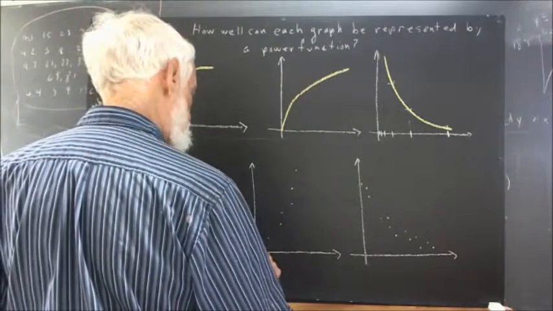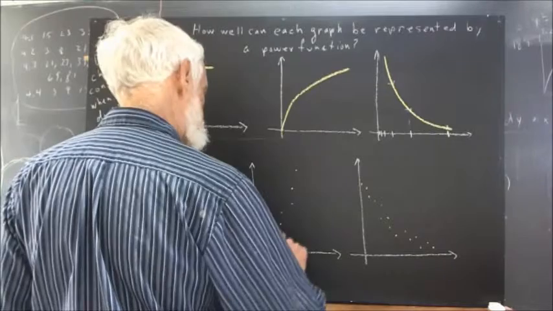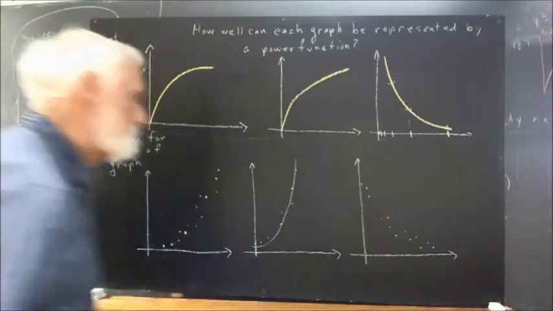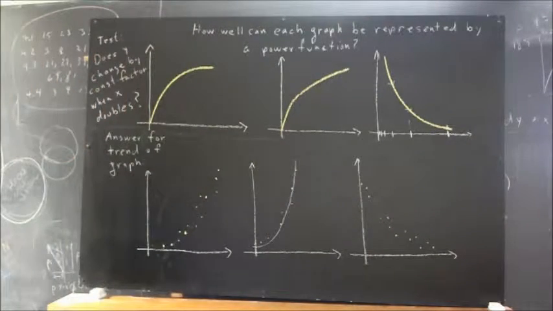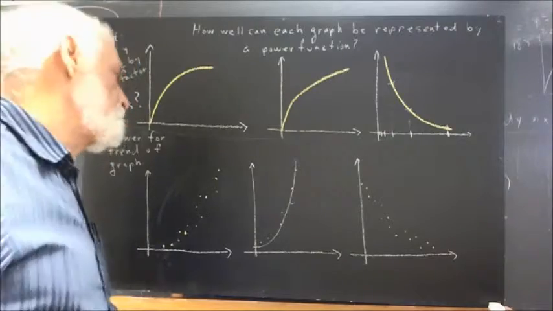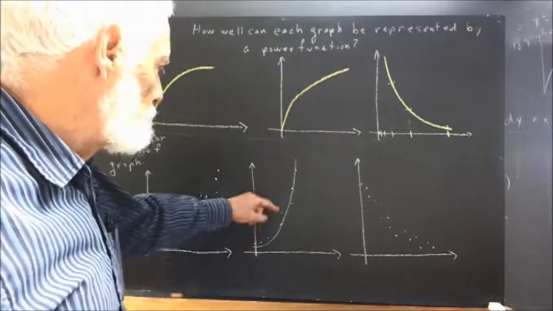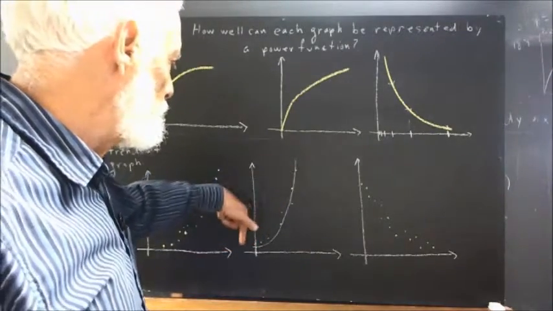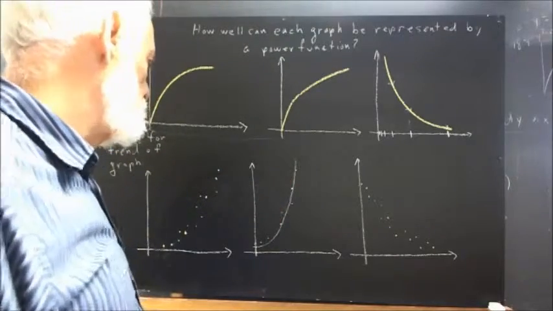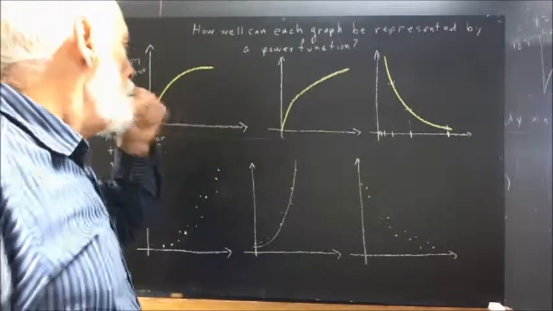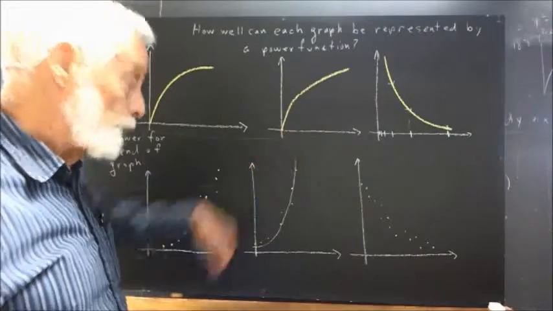So I think the trend is something like this. Okay, now I didn't do a real good job of that. I've got 1, 2, 3, 4 points above the curve, 1 point below the curve, and a couple of points, or at least the chalk line goes through the data point.